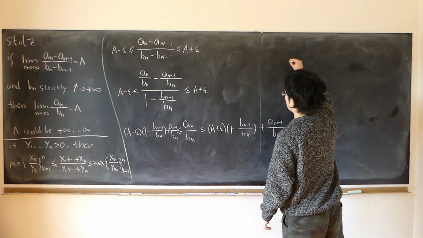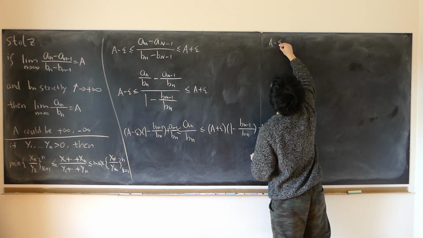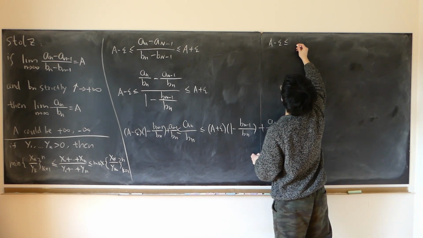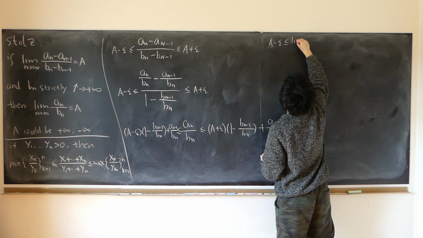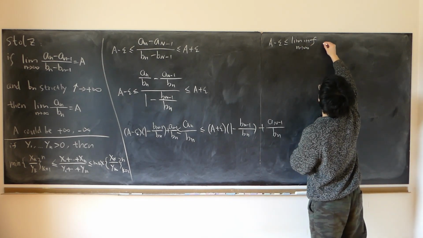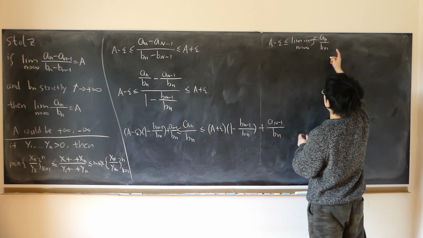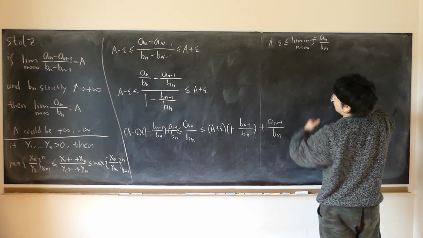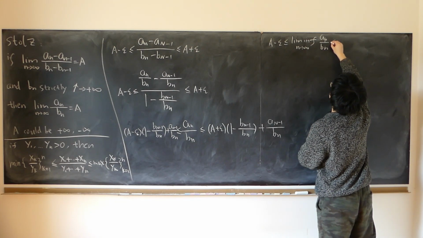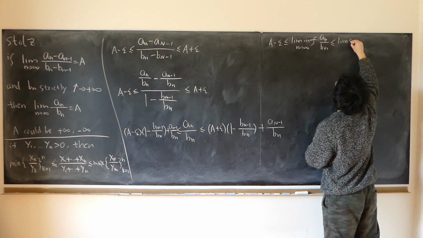So in other words, we easily have a minus epsilon is less than or equal to the limit infimum as n approaches infinity of an over bn. I don't know if the limit exists, but the limit infimum always exists. And we also know that the limit infimum is no larger than the limit supremum.